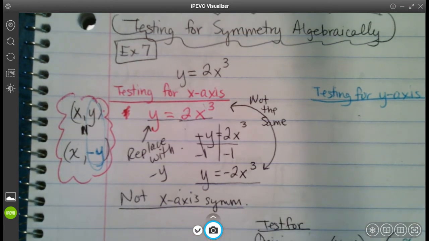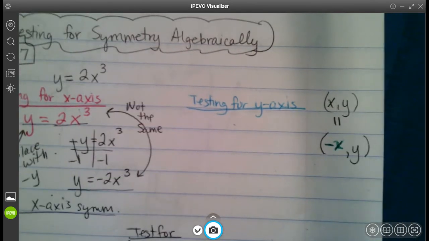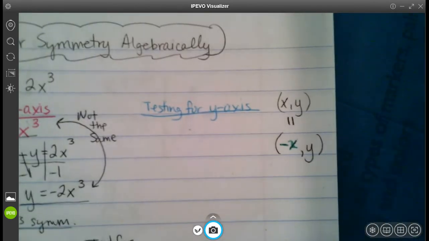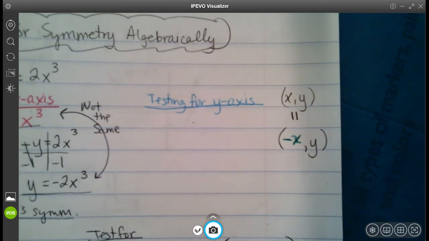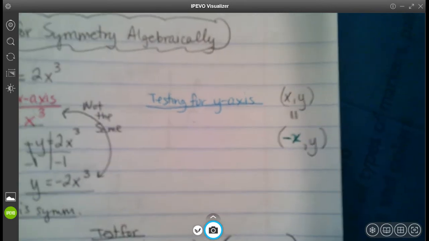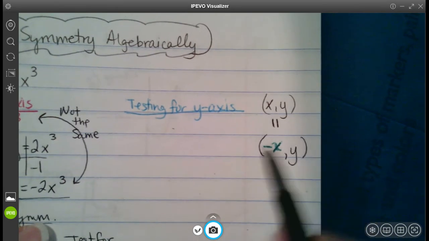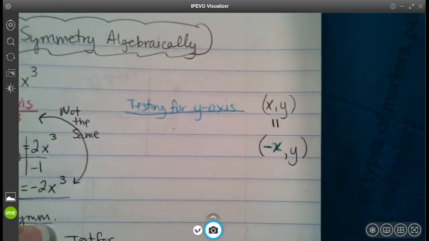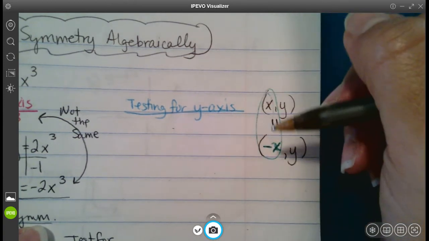Okay, let's try out for the y. So I'm going to move over now and look at the y test here. Okay, let me focus this a bit. It seems like it's getting a little blurry. All right, so for the y-axis, we're going to be replacing the x, because remember the y's are the ones that stay the same, and these are the ones that change.